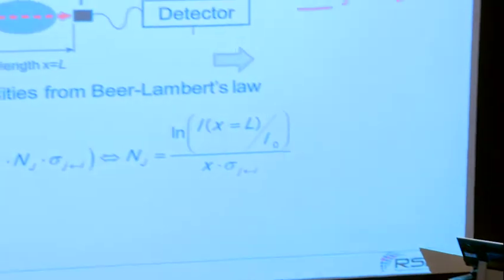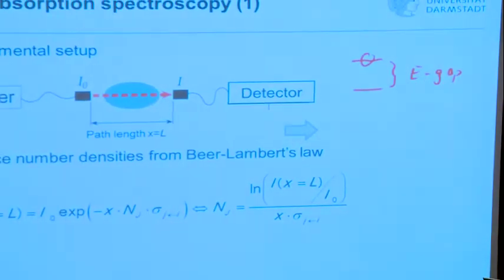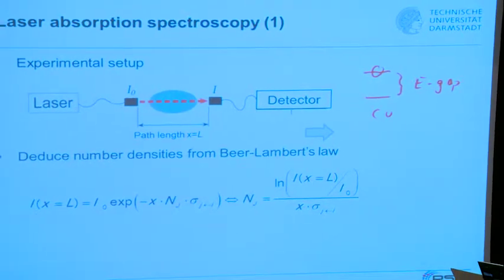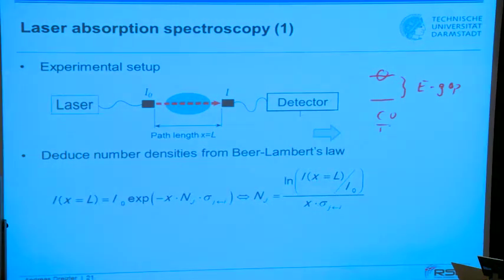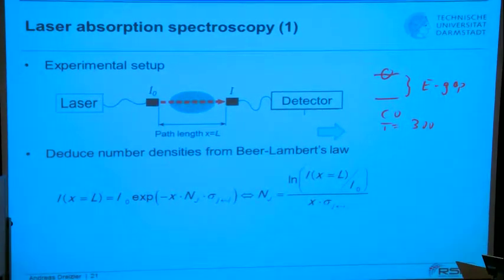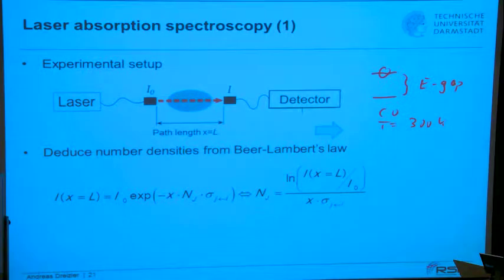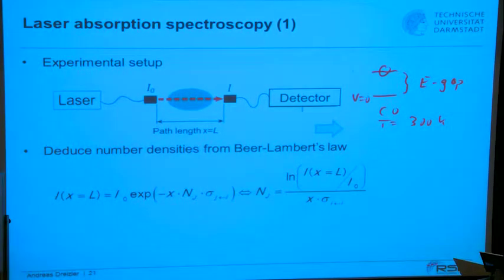Between the different quantum states you have a certain energy gap. If this energy gap is large, then the population of the upper level is very low. I'll give you an example. Let's say we have a CO molecule at a temperature of 300 Kelvin. If these are vibration levels, the separation, I forgot it, is in the order of 2000 something wave numbers.